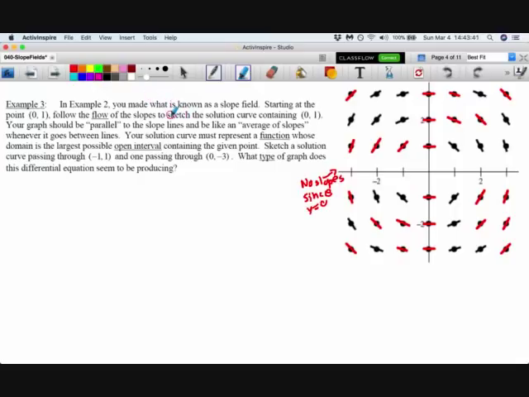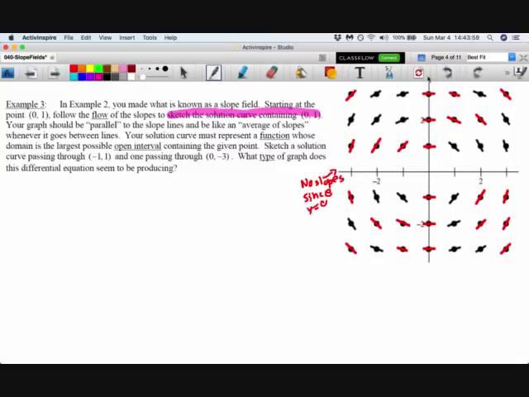If I want to have a solution curve containing the point 0, 1, we're going to try to follow the flow of these slope lines starting at 0, 1.